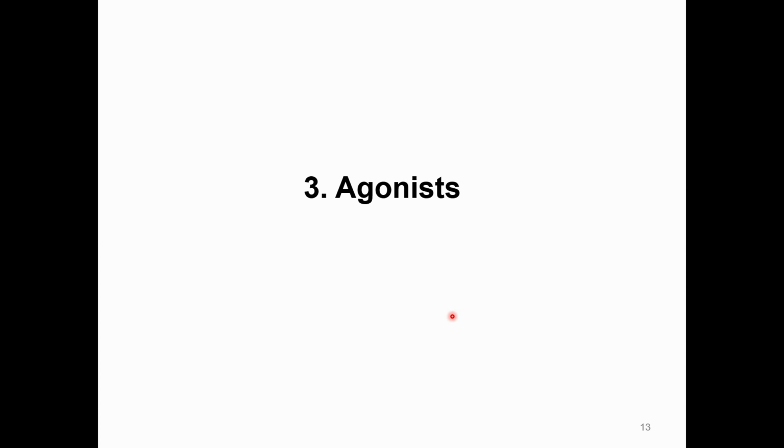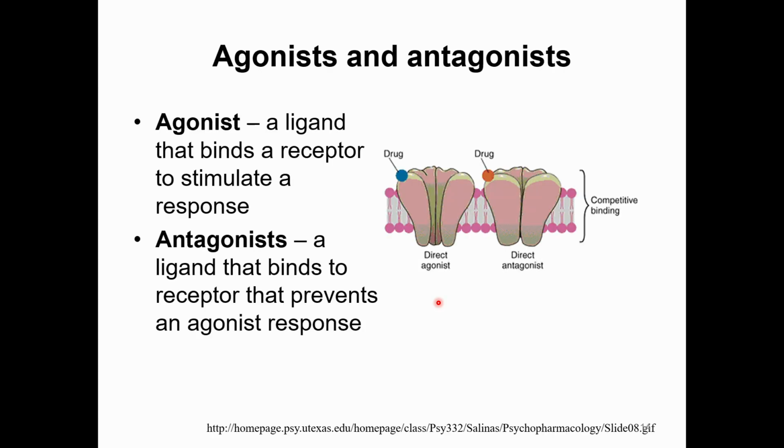So now let's go ahead and look at some more of this with some more sophisticated thinking, I guess. And first we'll consider agonists. So once again, an agonist is a ligand that binds a receptor, or a drug that binds, I should say, a drug in this case. An agonist is a drug that binds a receptor, and it stimulates a response.